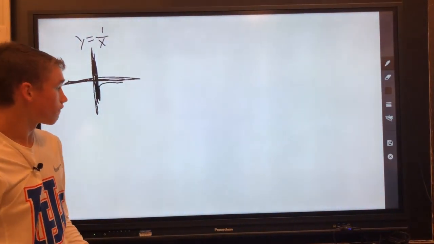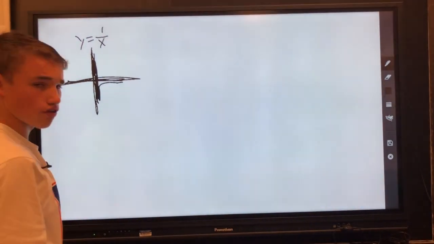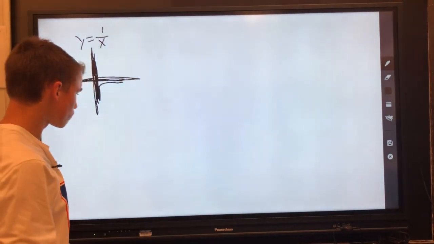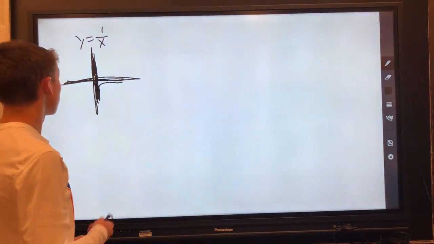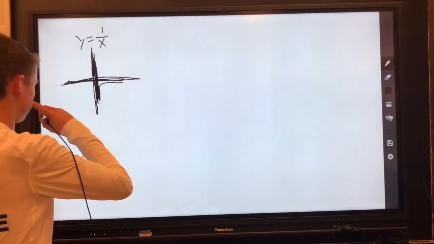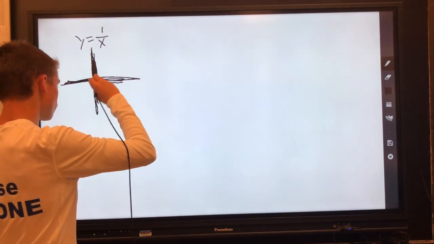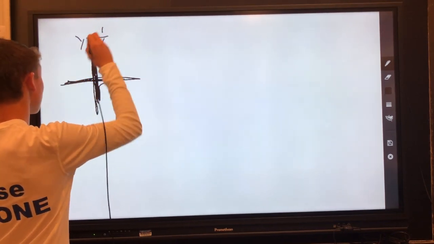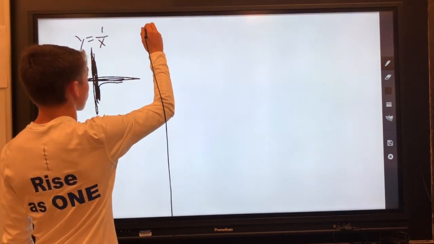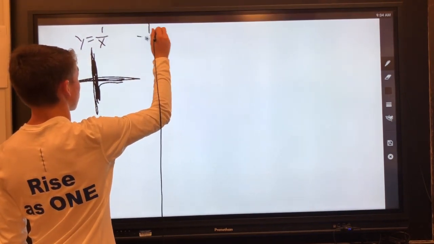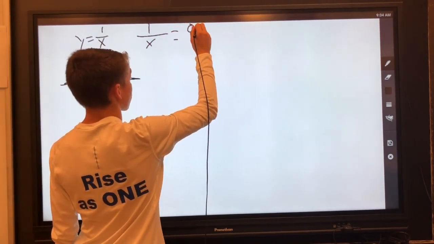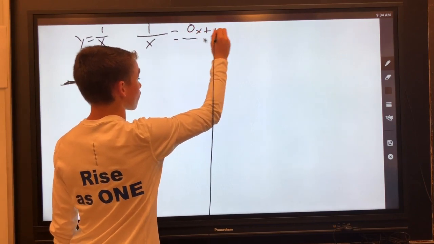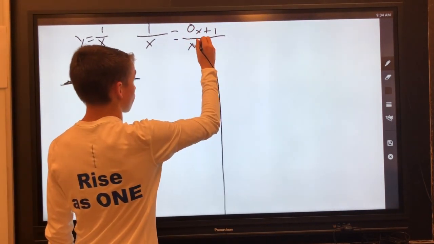So in this situation, the way you find the horizontal and vertical asymptotes, first of all, and there are no holes in 1 over x, so that's not an issue, is you find the highest degree of a function. So let's expand this 1 over x a little bit. 1 over x is equal to 0x plus 1 over x plus 0.